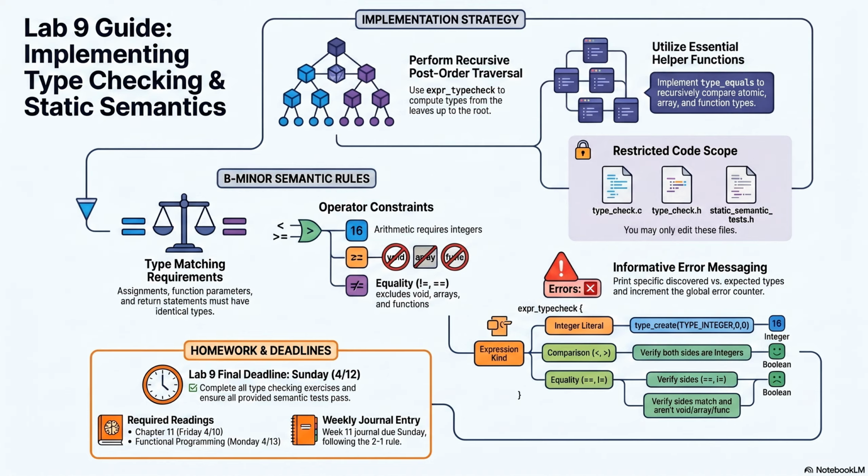Exactly. And more importantly, consider the impact on system reliability. Think back to our e-commerce example. When a type mismatch, like a Boolean slipping into an array mapping function, lies completely dormant in a code base, until a specific user interaction triggers it in a live production environment. Right. And everything crashes. But by doing Lab 9, you are building the static defenses that make those runtime disasters impossible. You're doing the hard work now, so the runtime doesn't have to.